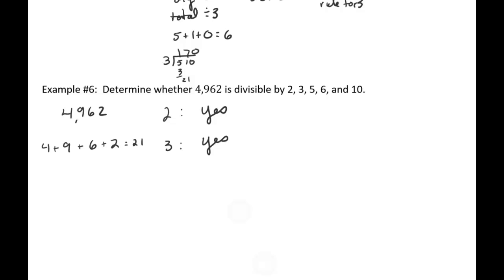Okay. Is it divisible by 5? No. It doesn't end in a 5 or 0. Is it divisible by 6? Yeah, because it passed the test for 2 and 3, so yes. And finally, is it divisible by 10? No, it doesn't end in a 0. So that's how we check for divisibility for 2, 3, 5, 6, and 10. Handy thing to know sometimes.